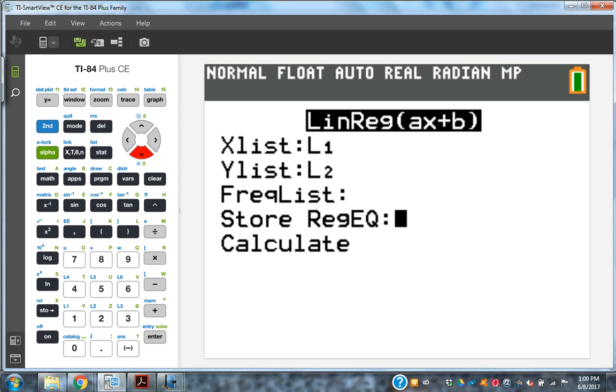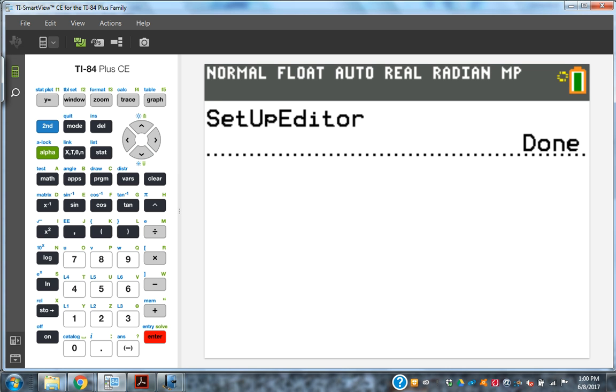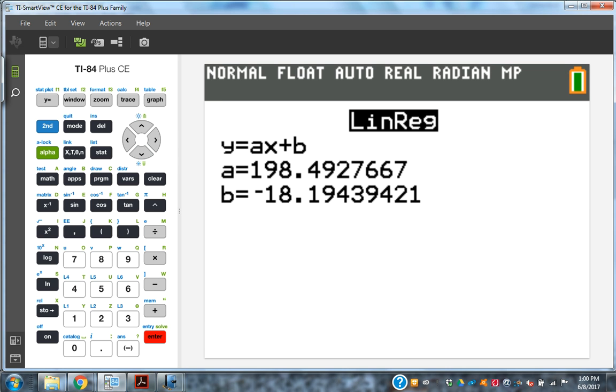All right, so I'm going to press calculate, and it should crank out the slope and the y-intercept for this particular problem. And it does. It gives us the slope, 198.4927667. So we're going to round that to 4 decimal places.